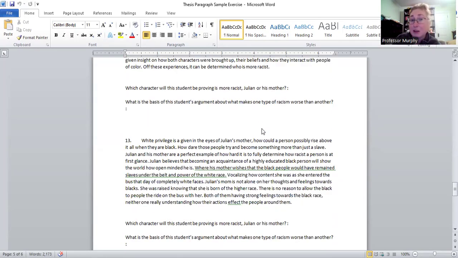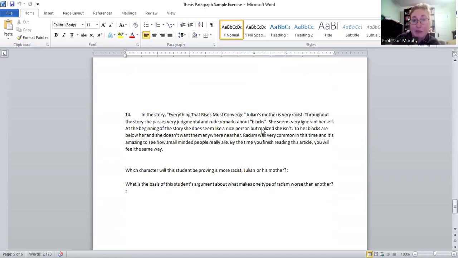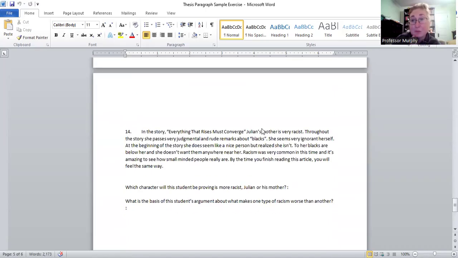When I'm looking at that thesis paragraph, I have a very focused direction. Is this telling me where you're going? Is this an appropriate direction? That thesis paragraph is your blueprint, it's your guide. A good thesis paragraph, you should be able to look back to at all points and say, this is where I'm going, this is what I'm proving, this is what my purpose is in writing this homework assignment.